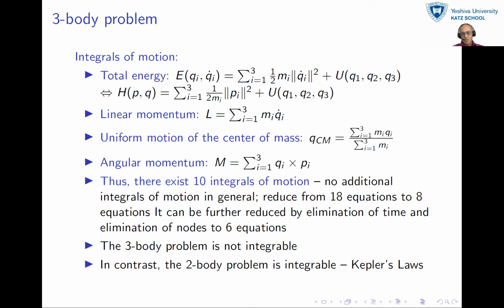So there are 10 integrals of motion, 10 constants of motion, 10 quantities that are preserved along the solutions of the three-body problem. And these allow you to reduce the system from 18 equations to 8 equations, and you do some other tricks, and you actually reduce it to 6 equations. So it's not so bad.